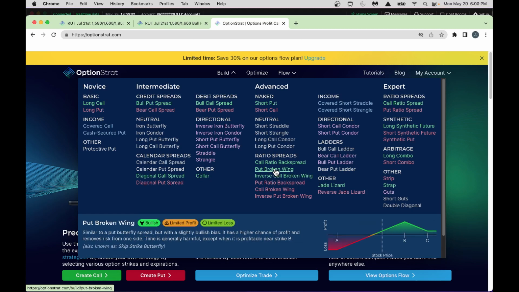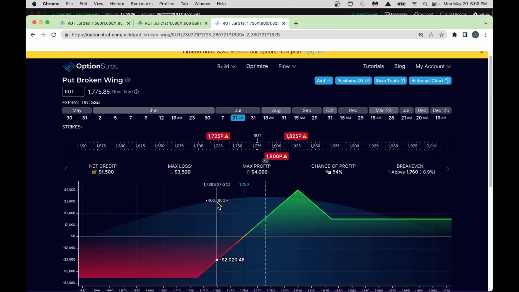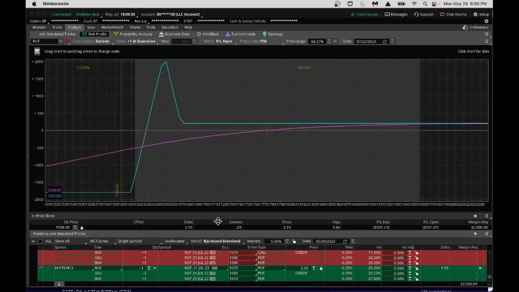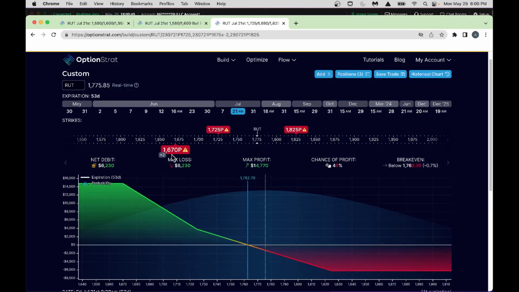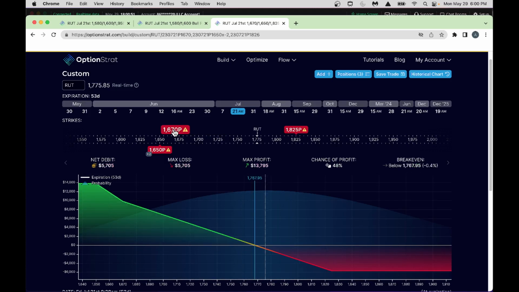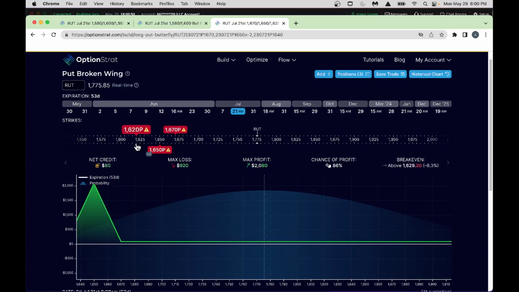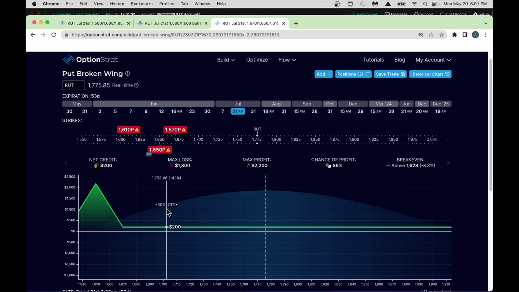We got put broken wing right here. We'll do RUT, Russell 2000, and let's see here, our short strike is at 1650. Let's go to short strike 1650 here. All right, and we are buying back protection at 1670 right here, and we are breaking the wing here and buying at 1610, as you can see here. So we are making $200.